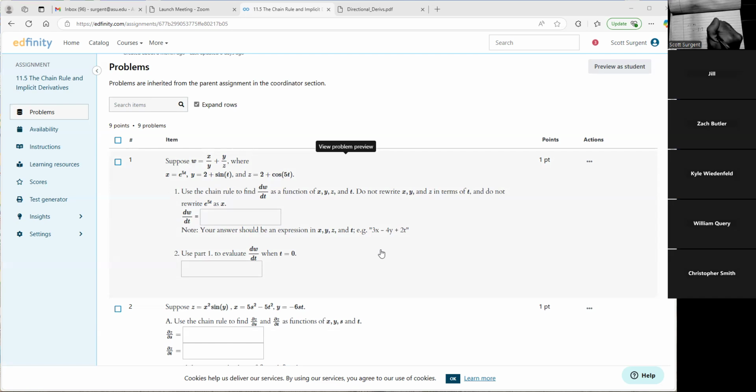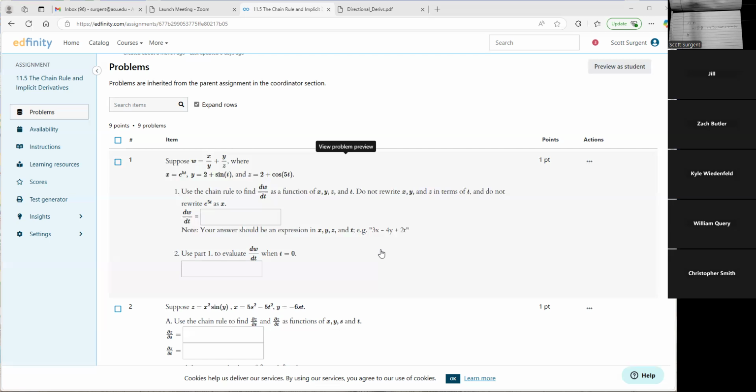Meanwhile, x is equal to e to the 5t, y is equal to 2 plus sine t, and z is 2 plus cos 5t. Okay, we want to use the chain rule to find dw/dt as functions of x, y, z, and t. We don't want to do any rewriting.